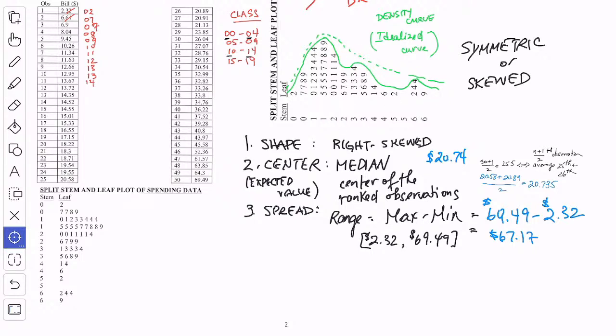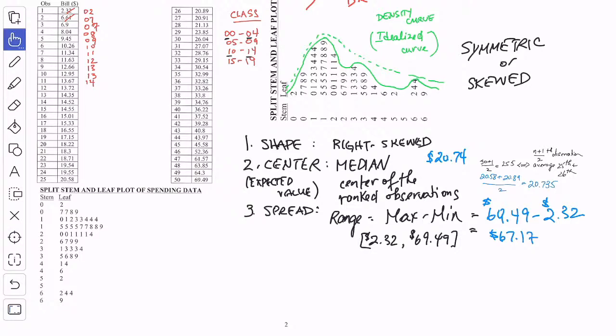So there's 50 values, so a quarter of them is like about 12 observations. Okay, so we're going to demonstrate how spread out the data is going by 12 observations at a time.